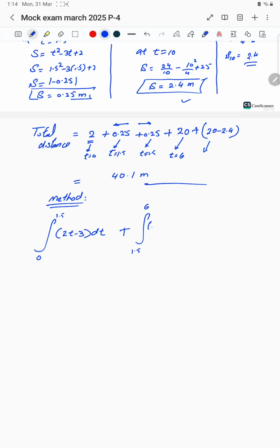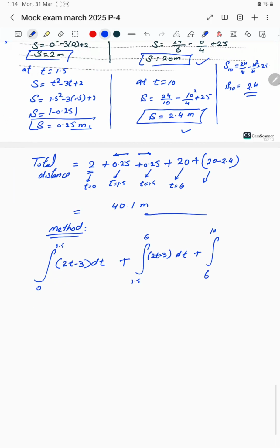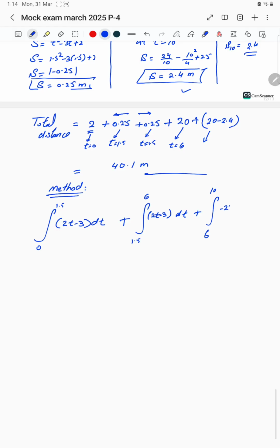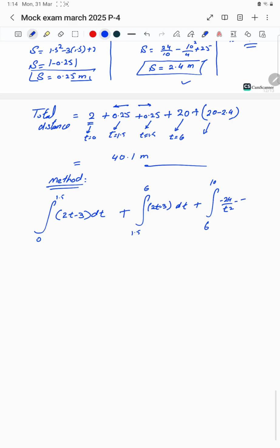This is the case for the first time with speed, dt, plus, and the final will be 6 till 10. For the second case, bigger than 6, the velocity is 24 over t square minus t by 2, dt. Yes, we can do this.